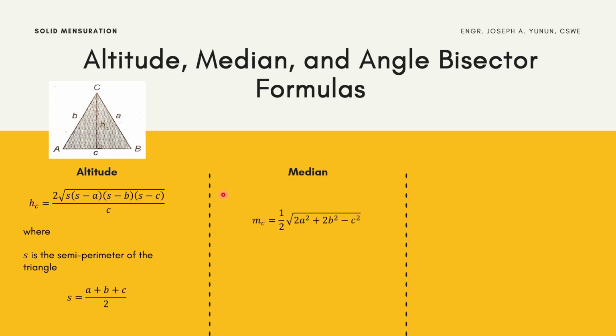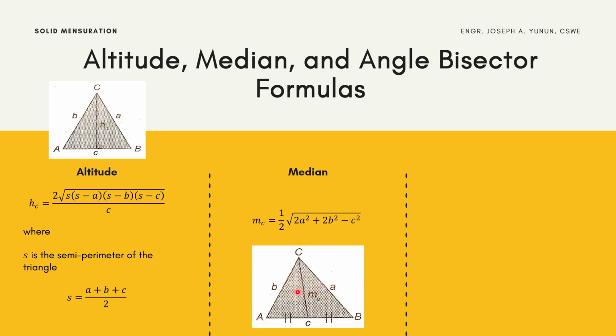The median is given by this formula: 1/2 the square root of twice the square of side B plus twice the square of side C, then subtract the square of side A. Based on this given formula, the median divides the opposite side from a given vertex into two equal segments.